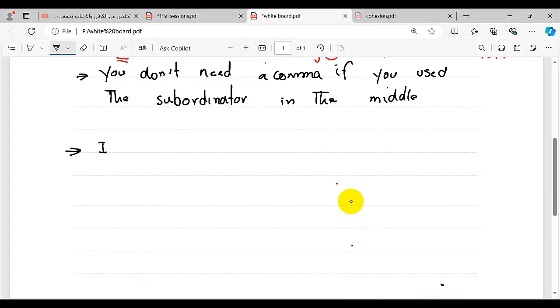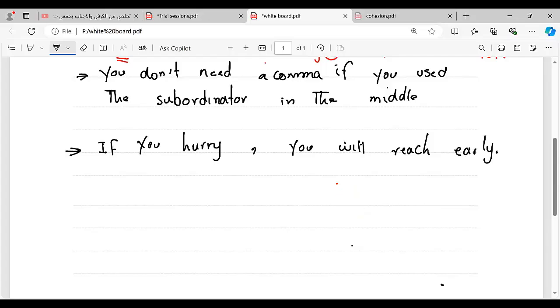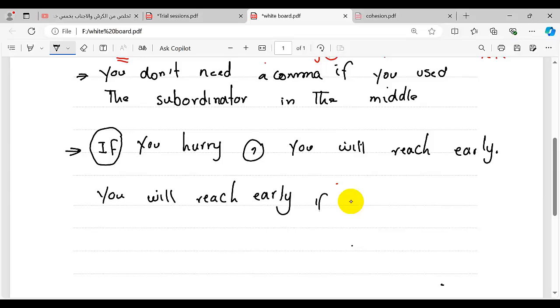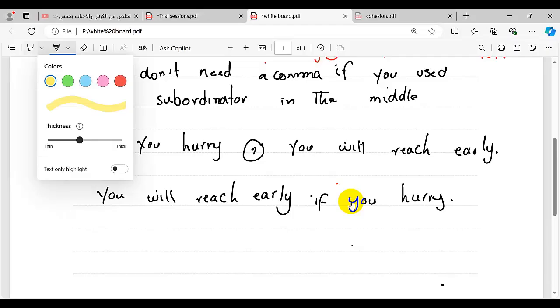If I said, "If you hurry, you will reach early," there is a comma in the middle, because I used the connective or the subordinating conjunction in the beginning. But if I said, "You will reach early if you hurry," you do not need the comma here.